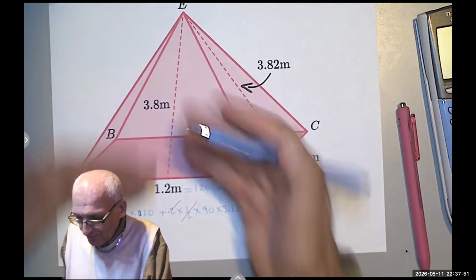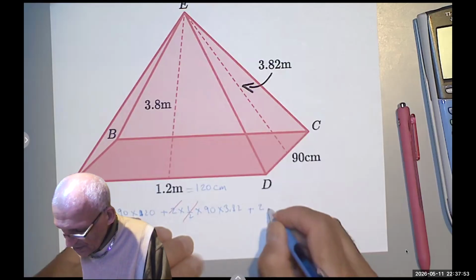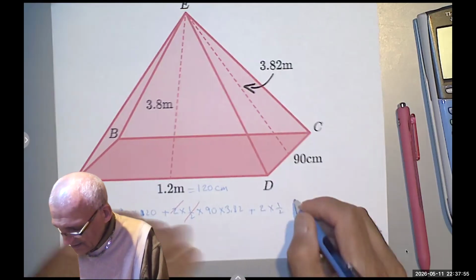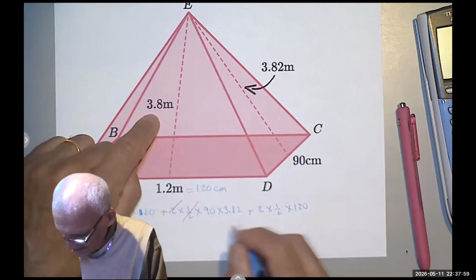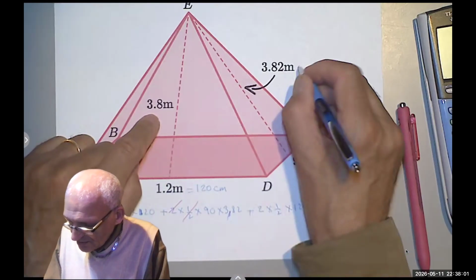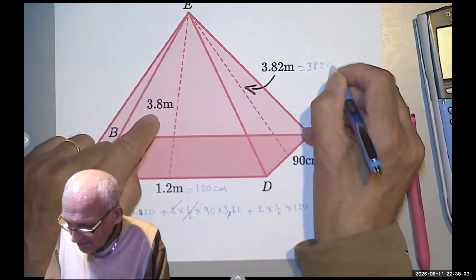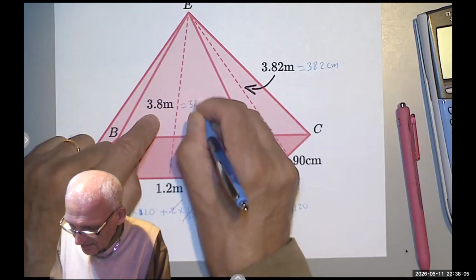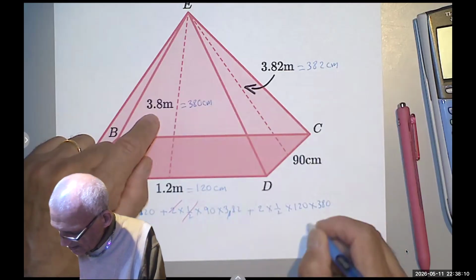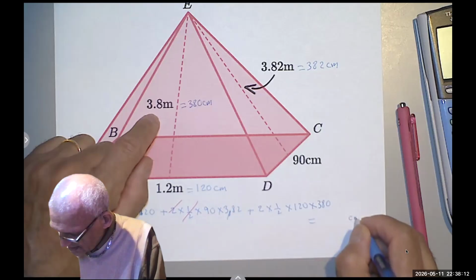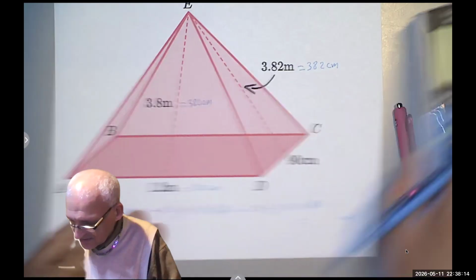And then I have 2 front and back, 2 times 1/2 base times height. Again, this should be 382 centimeters, and this is 380 centimeters, so times 380. That number would be large because it's in square centimeters, not meters.